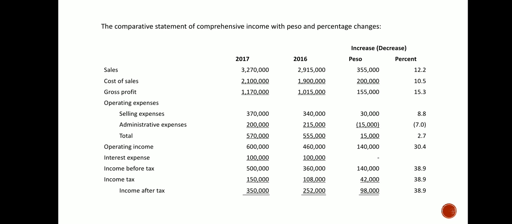And just like in the statement of financial position or balance sheet, the percentage changes of the comparative statement of comprehensive income are not added. So what I'm trying to say is that mag-compute ta every line item in the statement of comprehensive income, just like what we did in the statement of financial position or balance sheet.